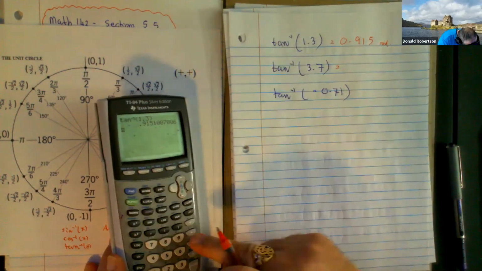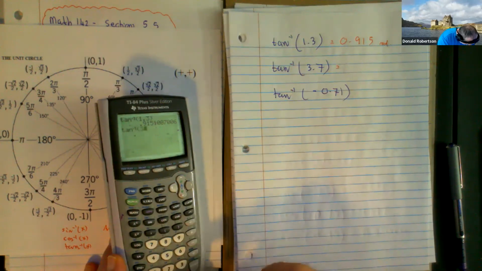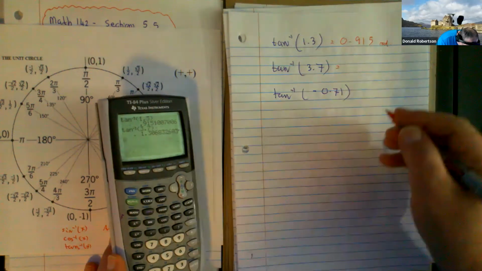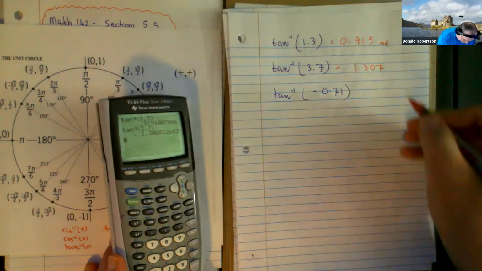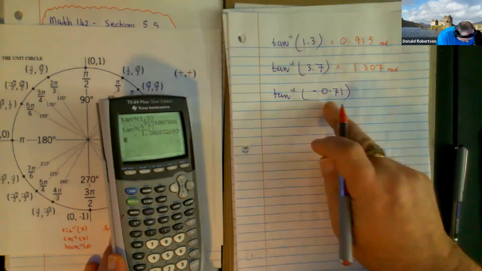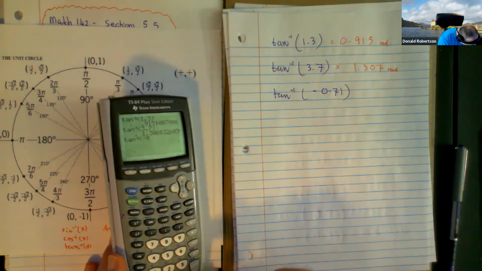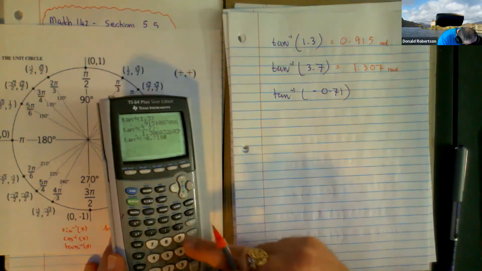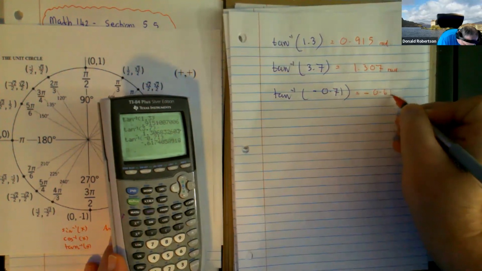The inverse tan of 3.7 ends up being 1.307 when you round it off, in radians. And the inverse tangent of negative 0.71 is going to be negative 0.617.